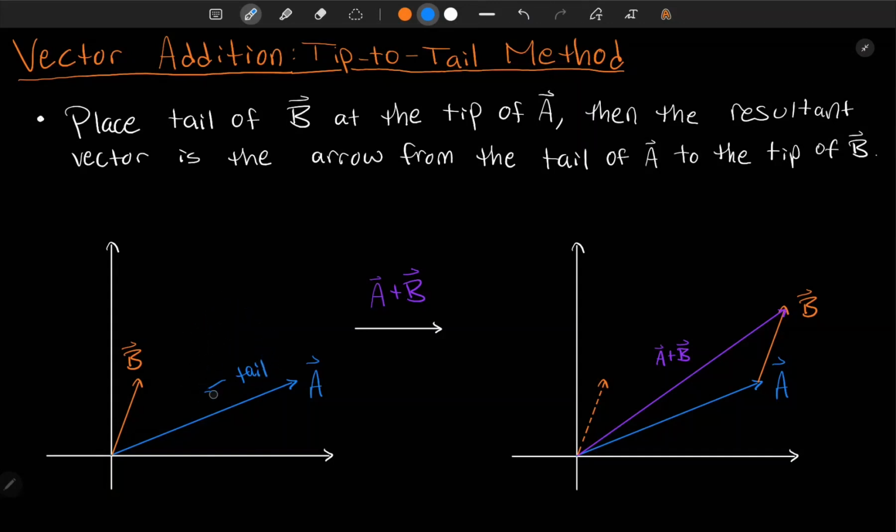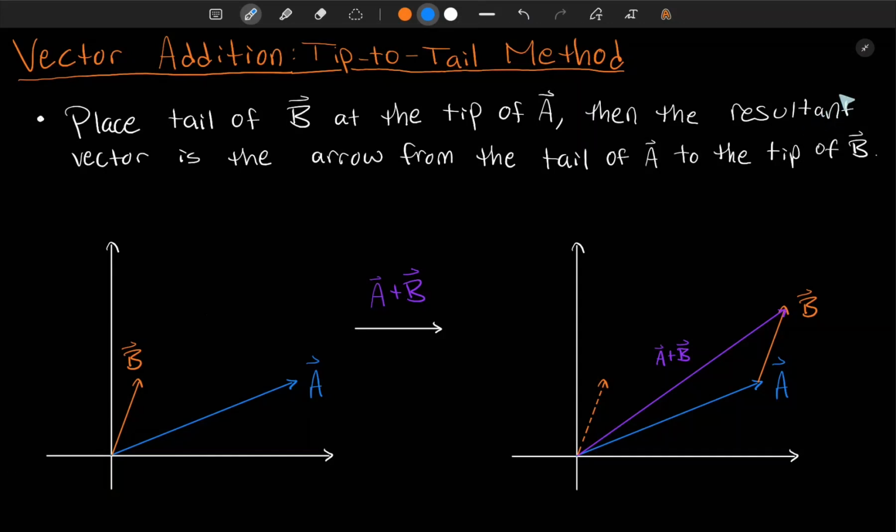So what we do is we take the tail of b and we move it to the tip of A. And we make sure that we don't rotate B at all. So we keep B exactly how it is. We just pick it up and we place it onto A, making sure it's pointing in the same direction it was before.